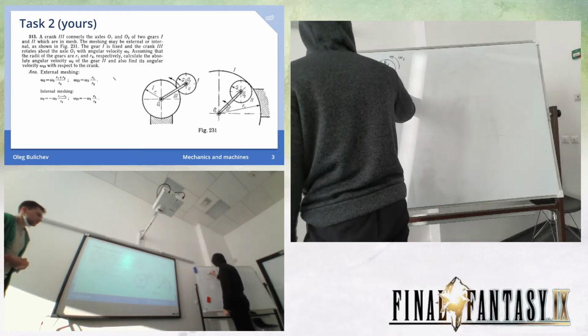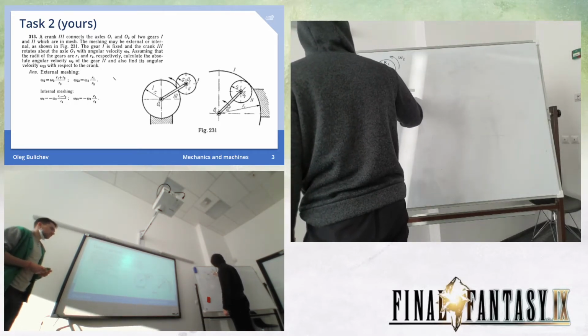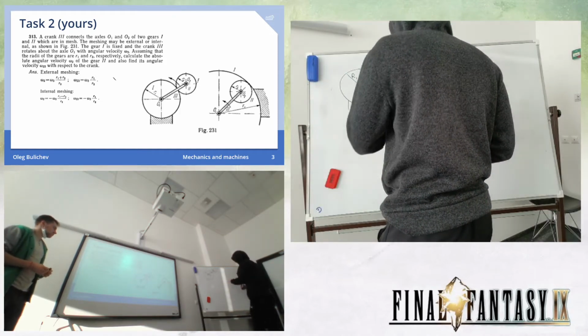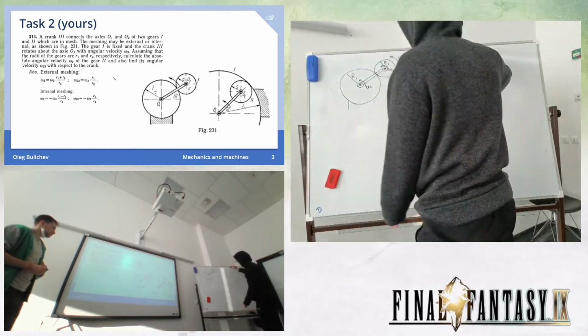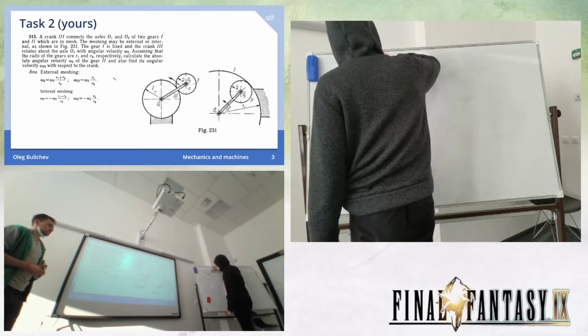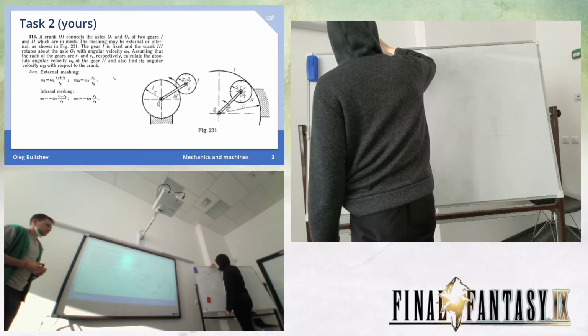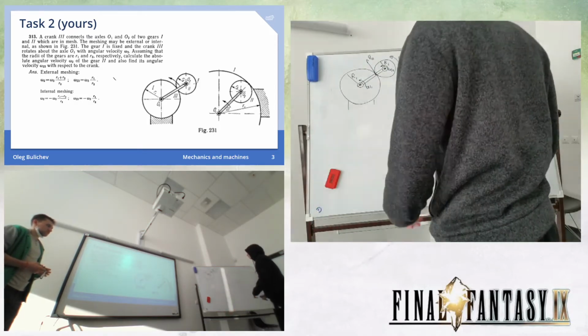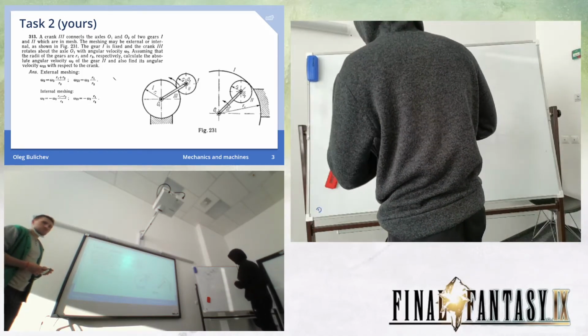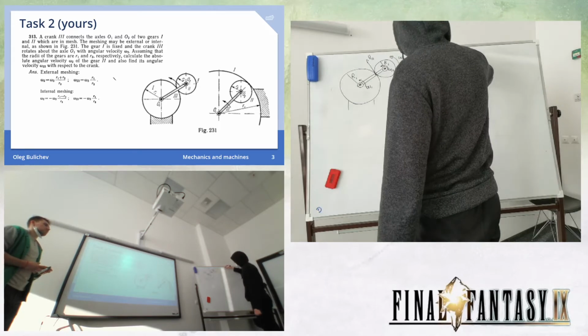We assume we know its angular velocity omega 1. We know the radius, so it's pretty simple. Take this point, velocity like this, V12.